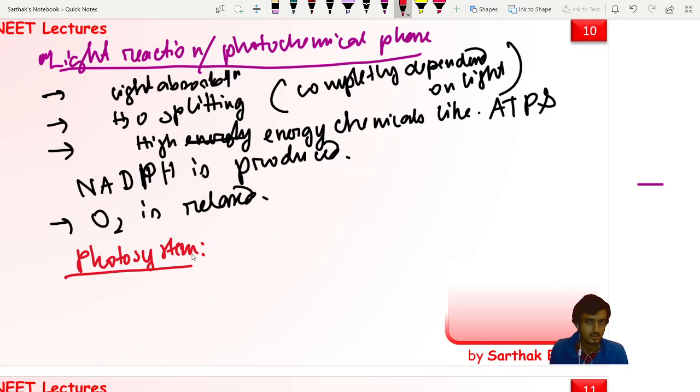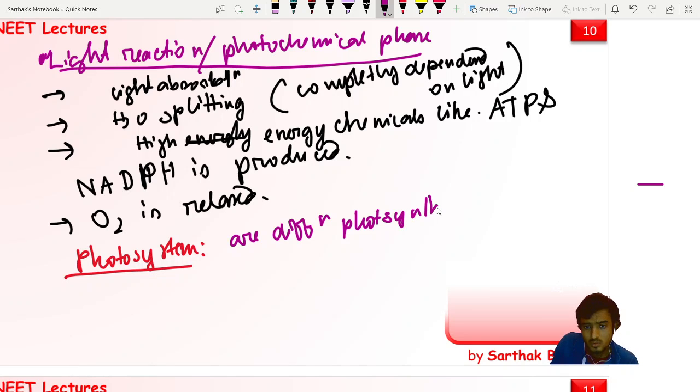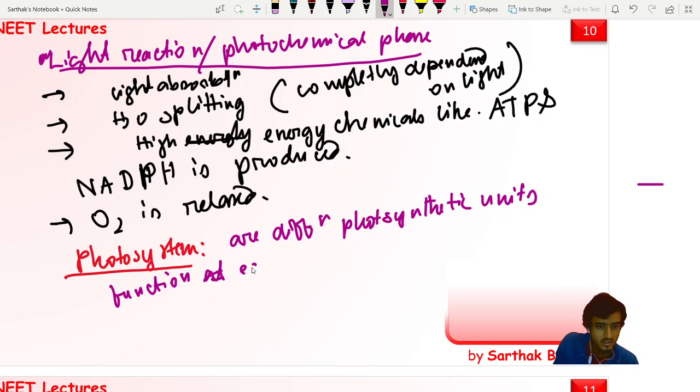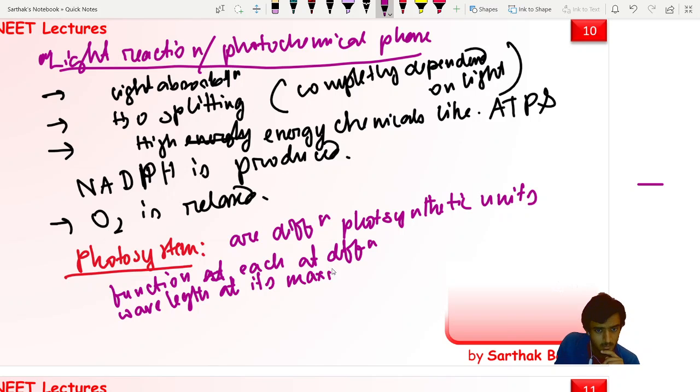Photosystems are different photosynthetic units, each functioning at a different wavelength at its maxima.